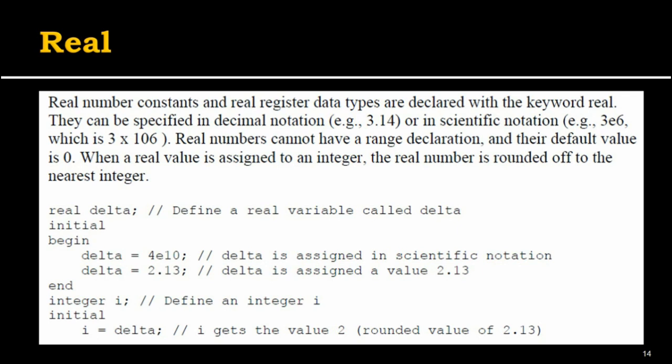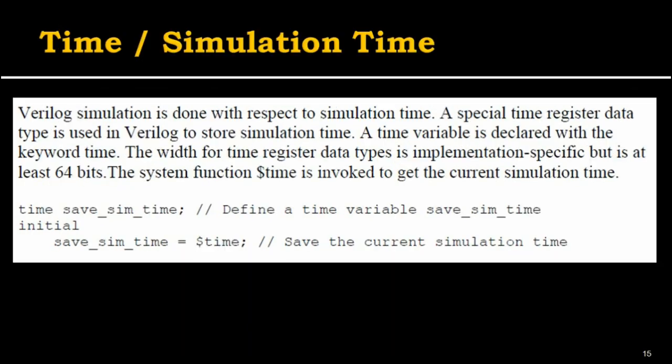So 2.13 is rounded off to 2, then the i value equals 2 after the execution, because here i is declared as an integer. If i were not declared as an integer, the i value would be 2.13, but here it is declared as an integer, so it is 2, because the real number is rounded off to the nearest integer value.